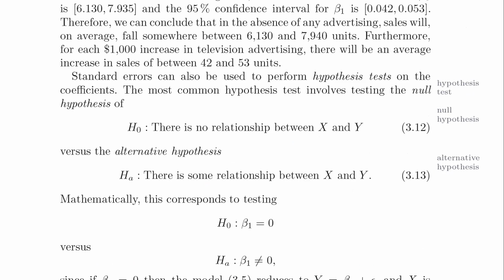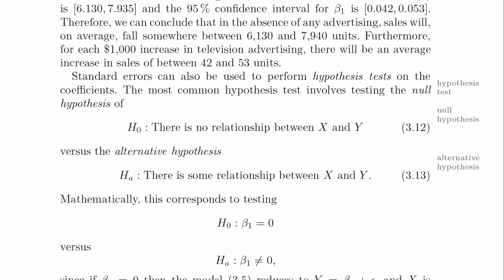This is where you're going to go beyond your beta 1 hat, which is a point estimate. And we need to ask ourselves, is there a relationship between x and y? Now, just because your beta 1 hat isn't exactly 0, and it will hardly ever be exactly 0, doesn't mean that we should simply conclude that there is a relationship.